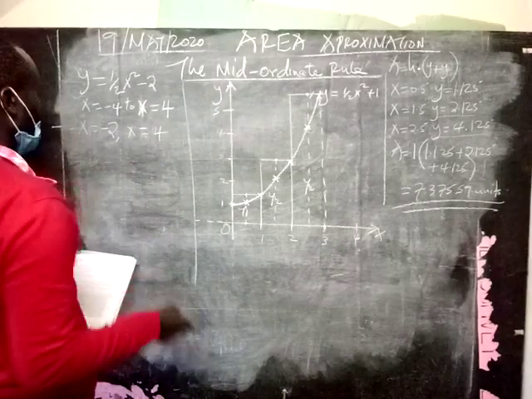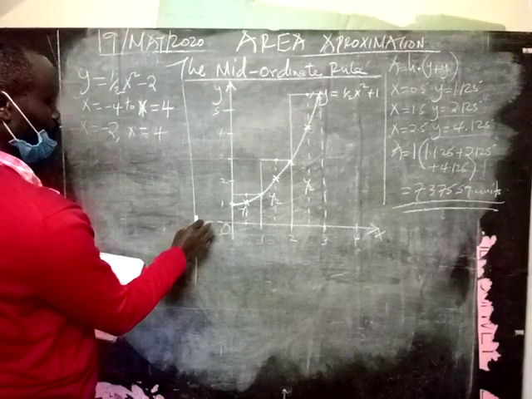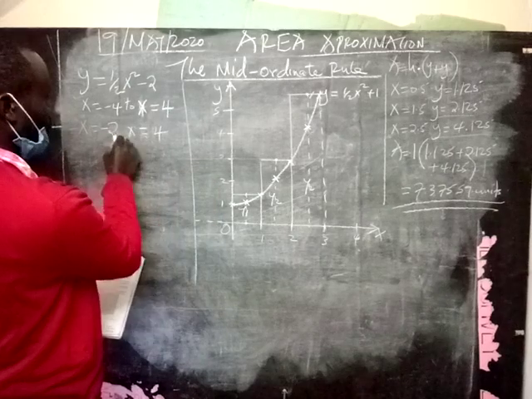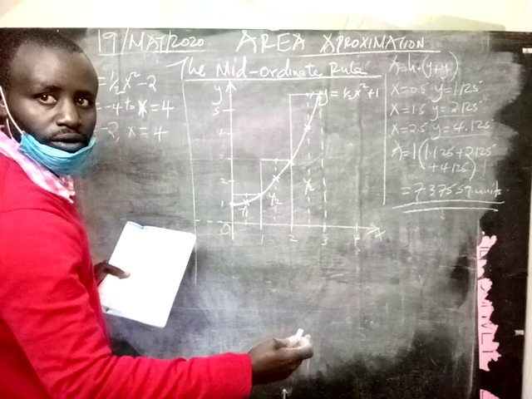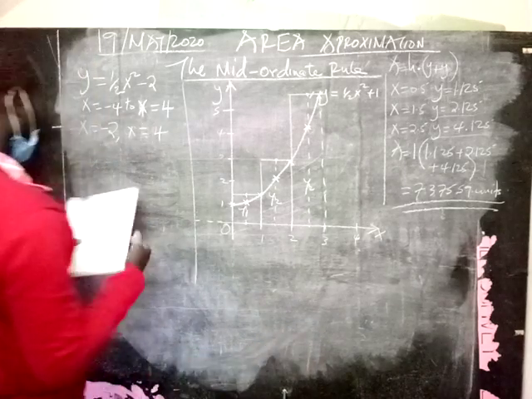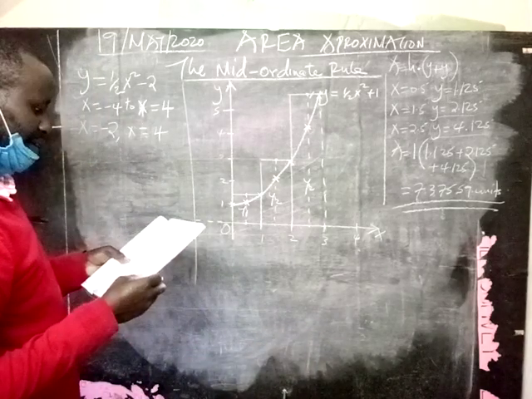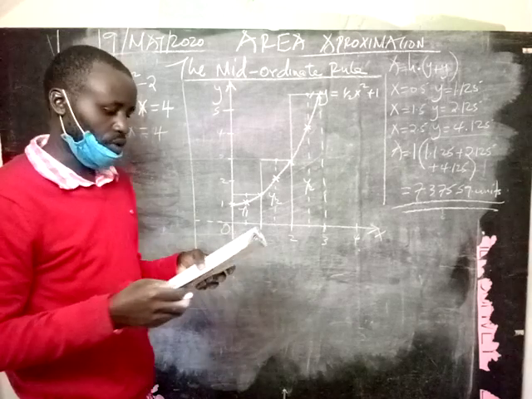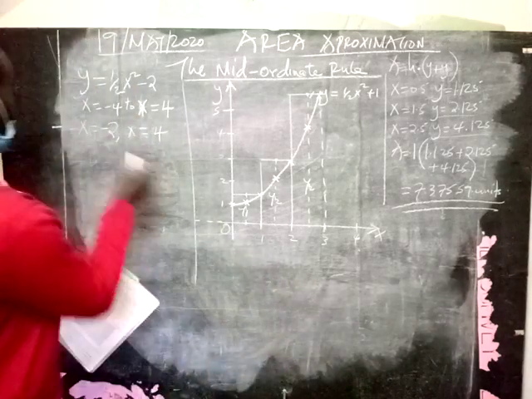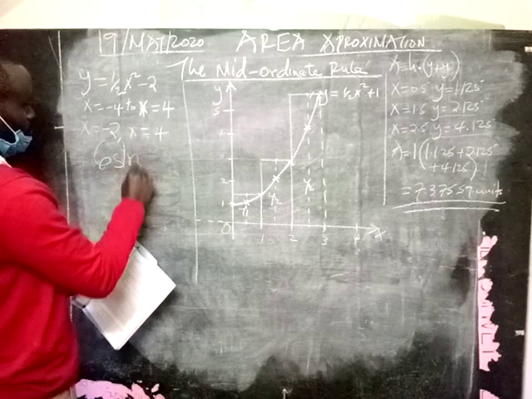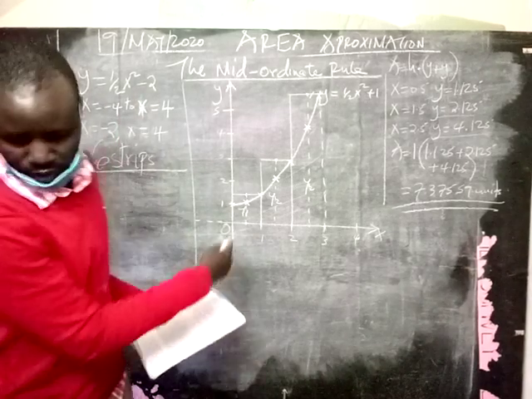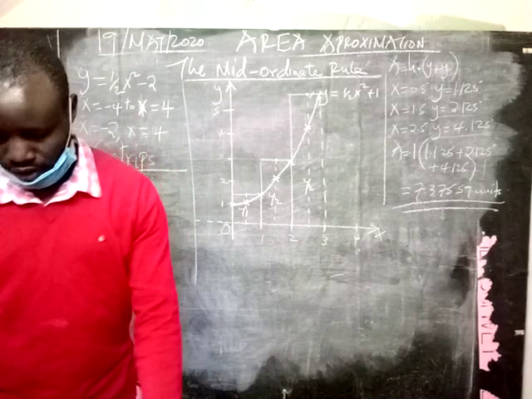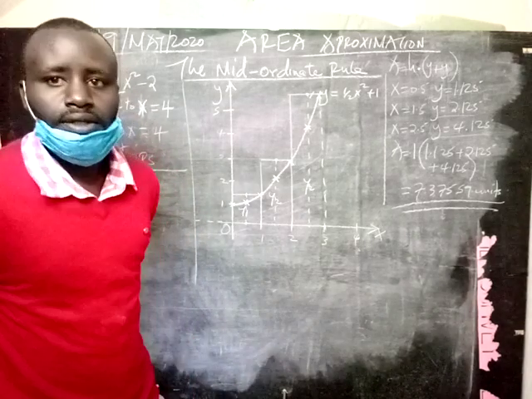For this case, it is x equals -2 to x equals 4. That is the area where the curve is going to be bound, and the x-axis, by using the mid-ordinate rule, with 6 strips. So that is the question. Remember, this was 3 strips, so the other one is 6 strips.